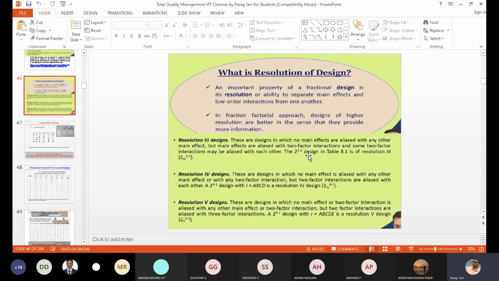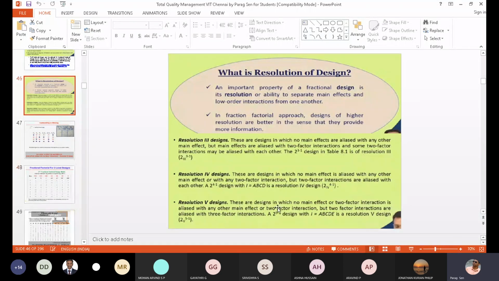For the 2 to the power 3 minus 1 design table, this is not required. Resolution 4 designs are designs in which no main effect is aliased with any other main effect or with any other two-factor interaction, but two-factor interactions are aliased with each other.